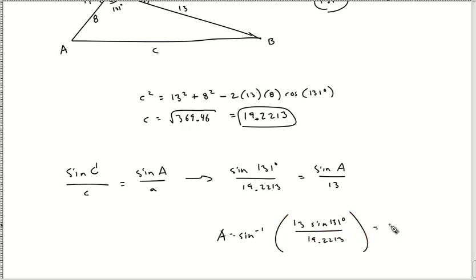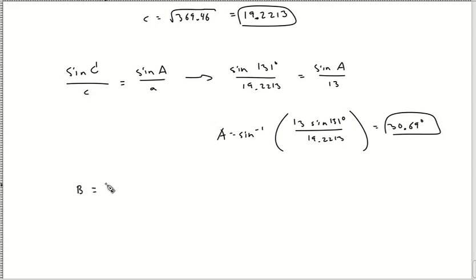Calculator, and I got 30.69 blah blah blah after that. To find my B, I do the 180 rule. Surely you're sick of this at this point. It's really not too bad, I promise you. 18.307. Okay. If anything's overwhelming, it's just the amount of questions and parts and components and all that stuff.